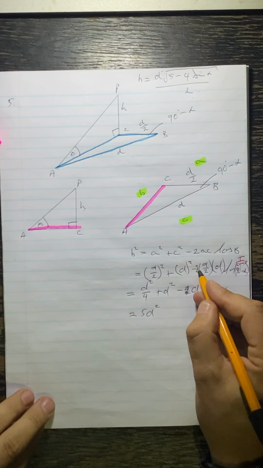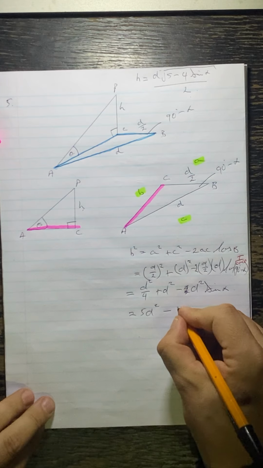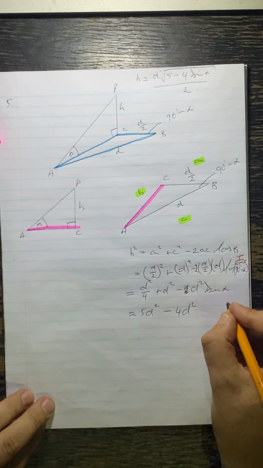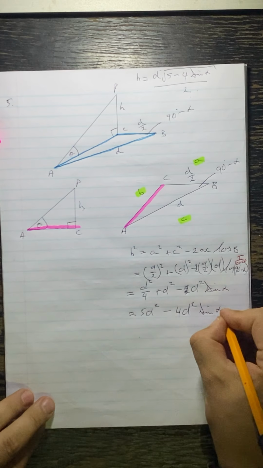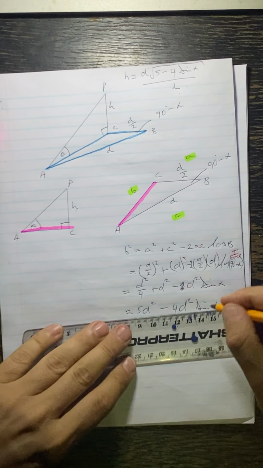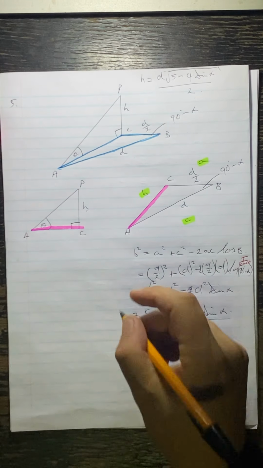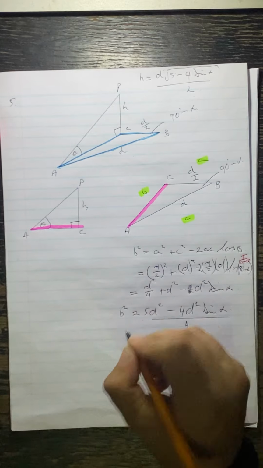My bad. Okay, because they're going to cancel. Just multiply that by 4 and we get minus 4D squared sine alpha, all over 4. Okay, so just remember that this is little b squared.